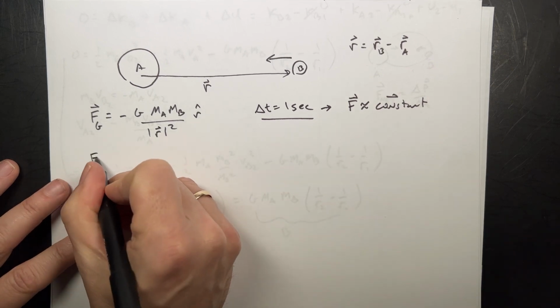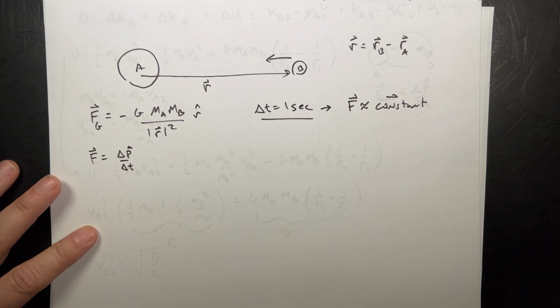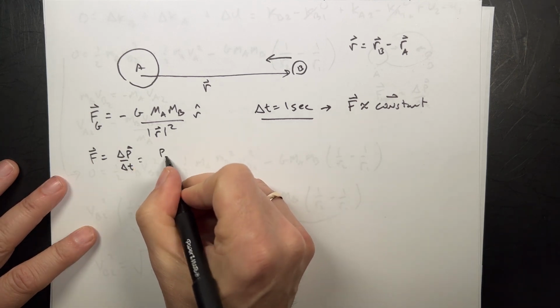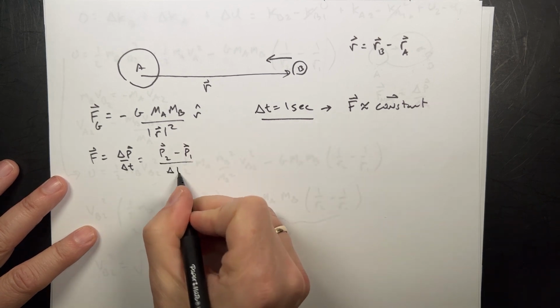If that's true, I can say F is the change in momentum with respect to time. I don't have to take a derivative, and I can say that's equal to P2 minus P1. This is just for B, over delta t.